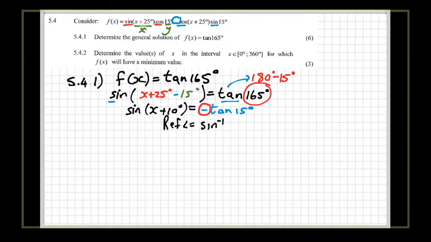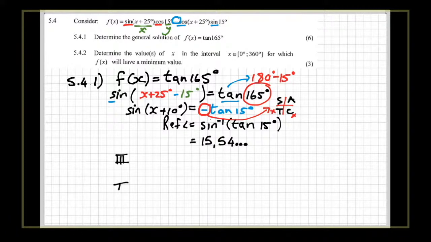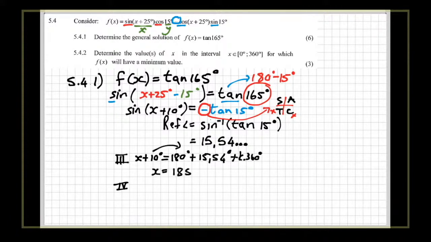Working out my reference angle. Showing me my quadrants that I work in, quadrant 3 and quadrant 4. Calculating my missing angle that I have now. And there's my first set of solutions.